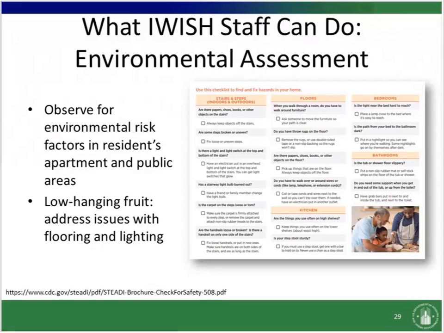Some of the easy things in terms of the environmental assessments, this is the one that I was talking about. It really goes through your stairs, your floors, your bedrooms, your bathrooms, just very easy things, such as having a non-slip rubber mat on the floors. They might be able to get shoes that have a little bit better grip. Simple things like making sure there's a phone near the floor in case they fall and can't get up.